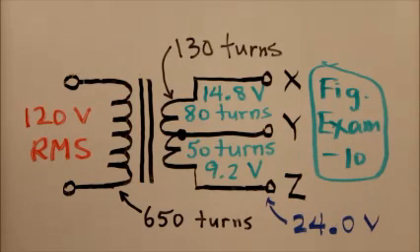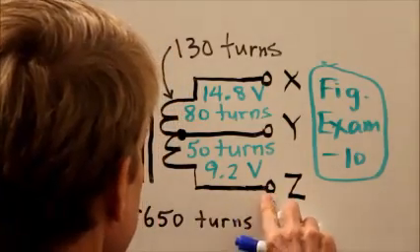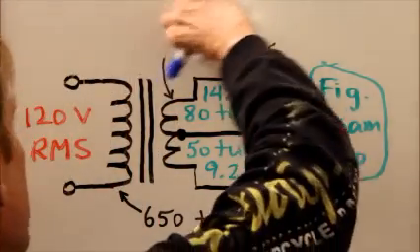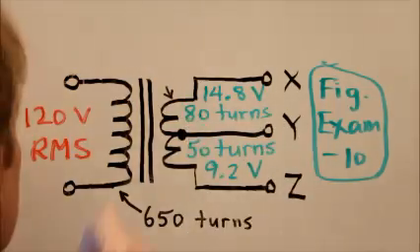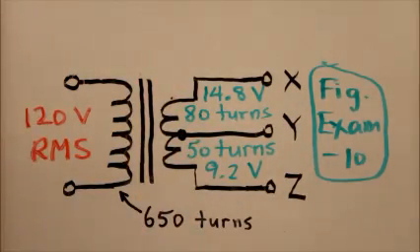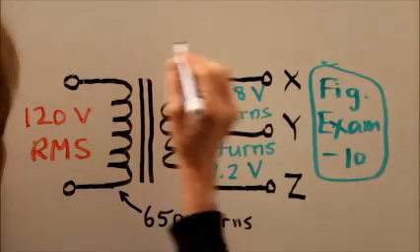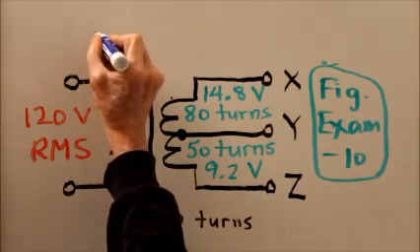Well, in this particular case, we can just remember the formula that relates peak-to-peak voltage to root mean square voltage. We multiply the root mean square voltage by 2.828.